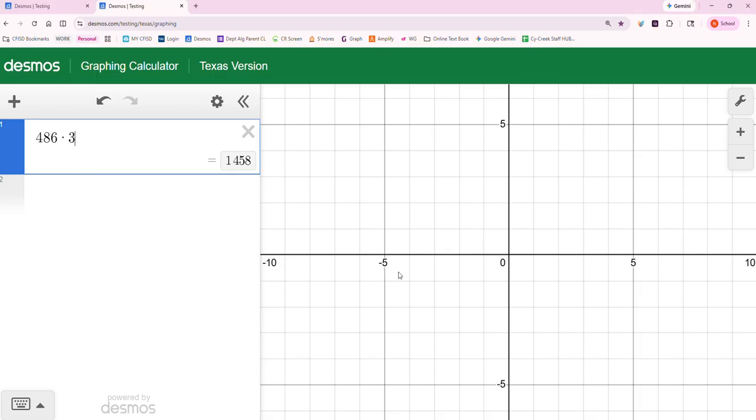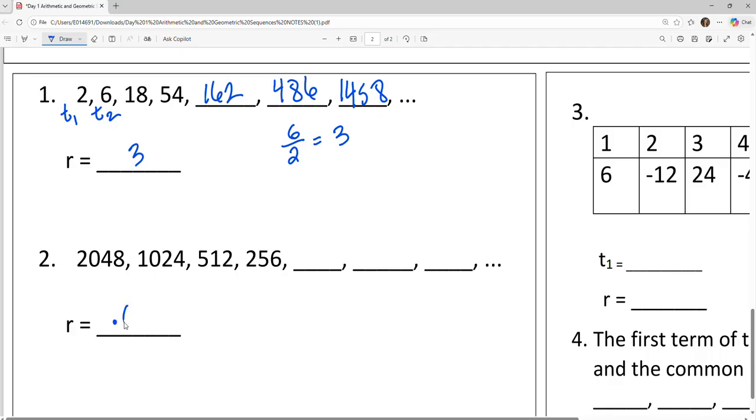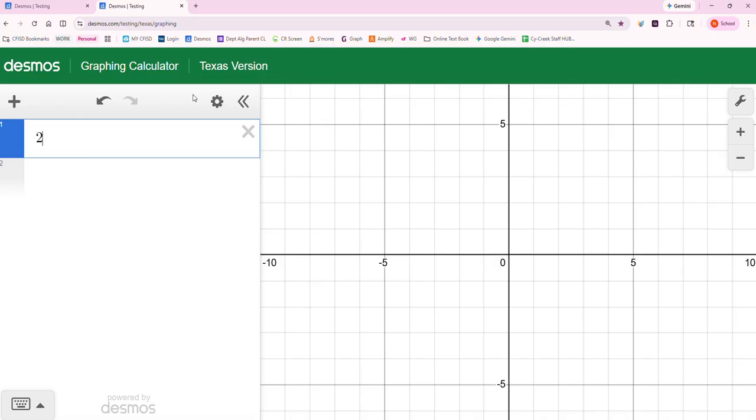So I'm going to take the second value, 1024, and divide that by our first value, which is 2048. That gives me 0.5. So our ratio is 0.5 or 1/2. All right, now we're going to do the next 3 terms. I'm going to take 256 times 1/2.